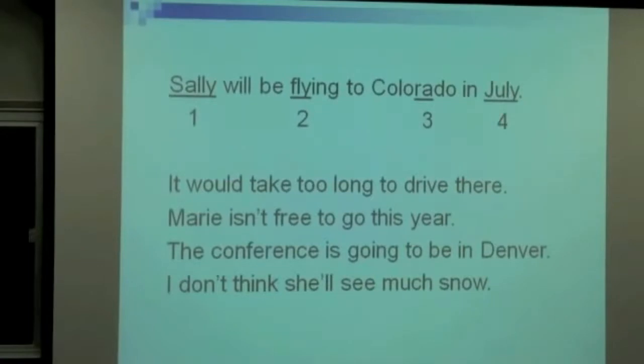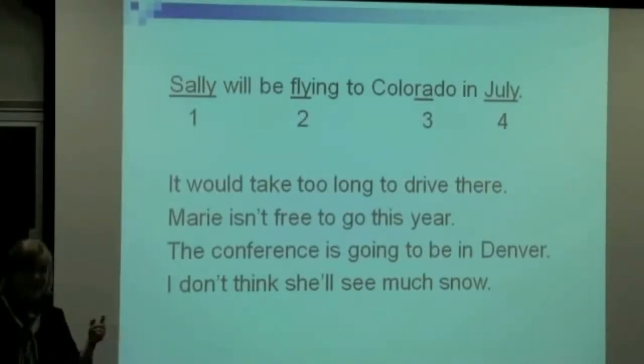Sally's going to be flying to Colorado in July. Not New York. The conference is in Denver. Okay? Sally will be flying to Colorado in July. I don't think she'll see much snow.